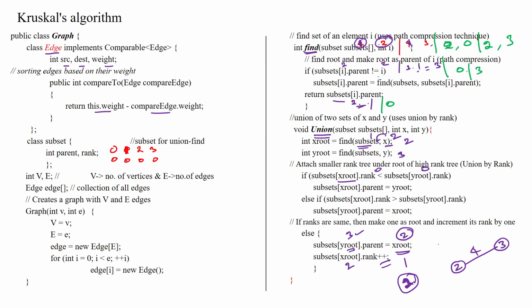Yes, it is true, because for 3 the parent is 2. So we have to identify the parent, which is 2. So now subset of i dot parent is here 2. So 2 is assigned to subsets of i dot parent. Then we are returning the value 2 here.